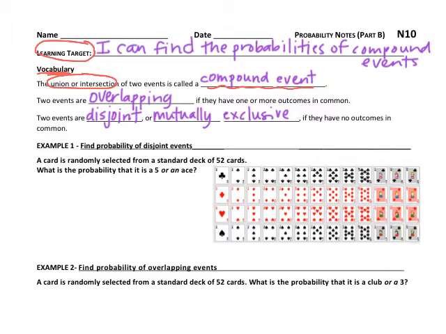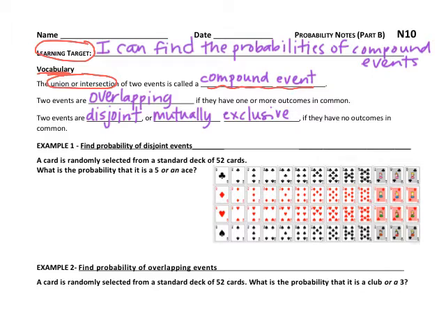So intersecting means that there's a point of similarity, and that's what we might have if we were drawing a card from a deck of cards. We could look at the probability of a card being an ace and part of the suit of clubs. So how many cards are both ace and a club? So that's where that would intersect.